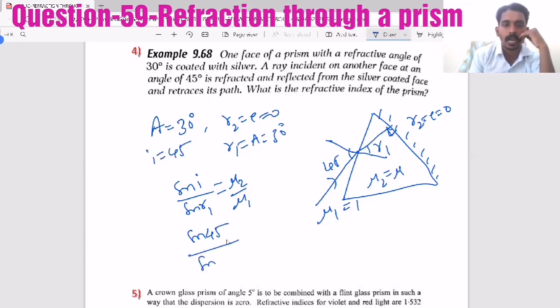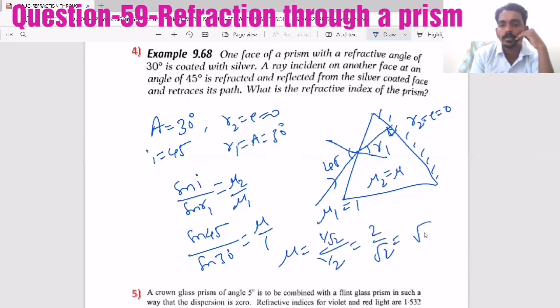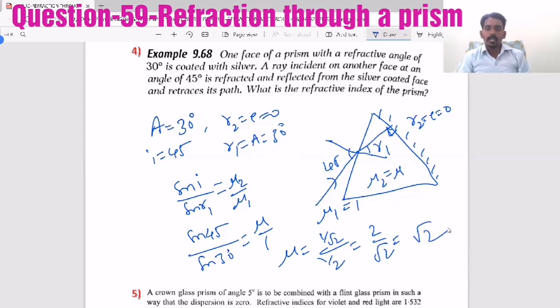Now sin 45 by sin R1, where R1 equals A, that is 30, equals mu by 1. So mu equals (1 by root 2) by (1 by 2), equals 2 by root 2. So the value will become root 2. So this way you can apply procedure sometimes, and formula sometimes, depending on the question given.